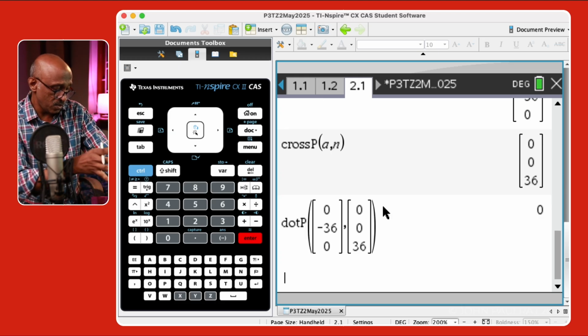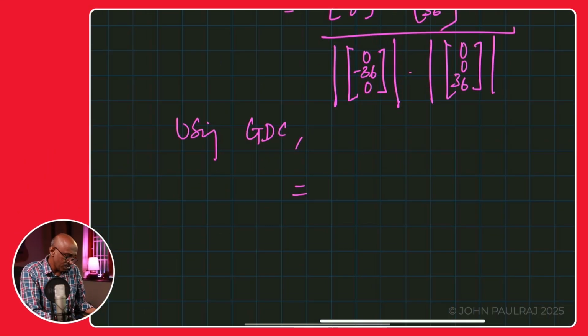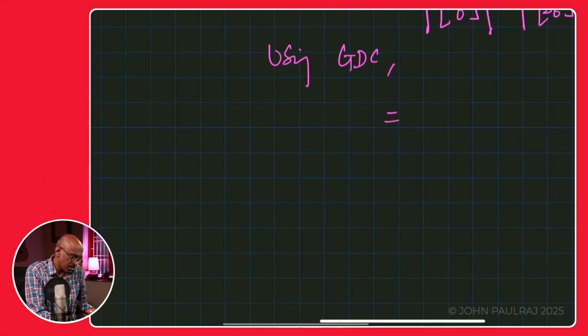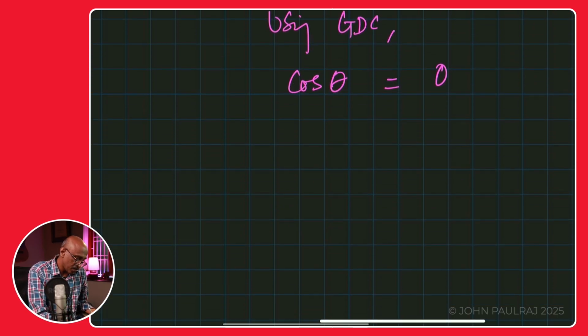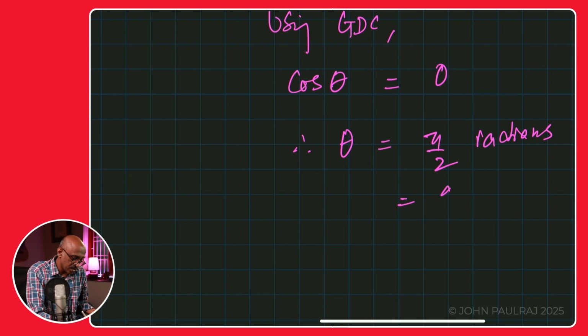That's all, right? So using GDC, I think that's what we want to show, that it is 90 degrees. We can say cos of theta is 0, which means that the angle theta must be equal to pi by 2 radians, which is the same thing as 90 degrees.